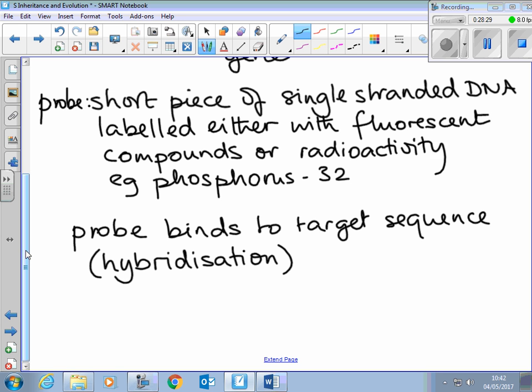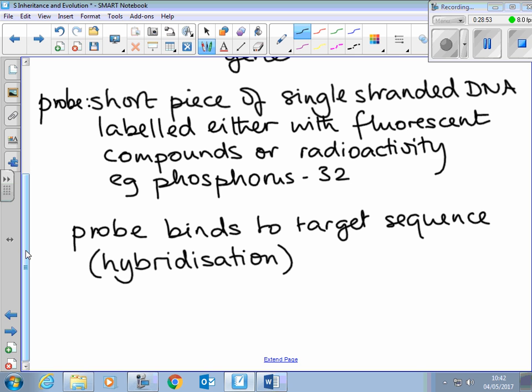Now, in terms of how this can be used, we'll come on to that in a minute, but there's a lot of other processes or procedures that are associated with this. And at the bottom of this, I've said, find out about. Now, I'm not going to ask questions in the exam on this, but if this is an area that interests you, or if it comes up in your presentation, then you will need to.